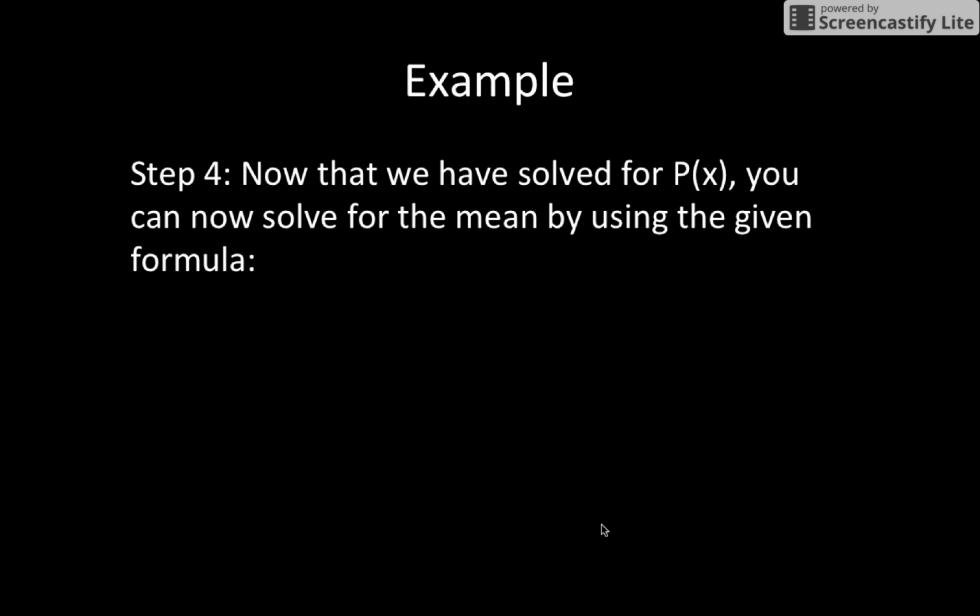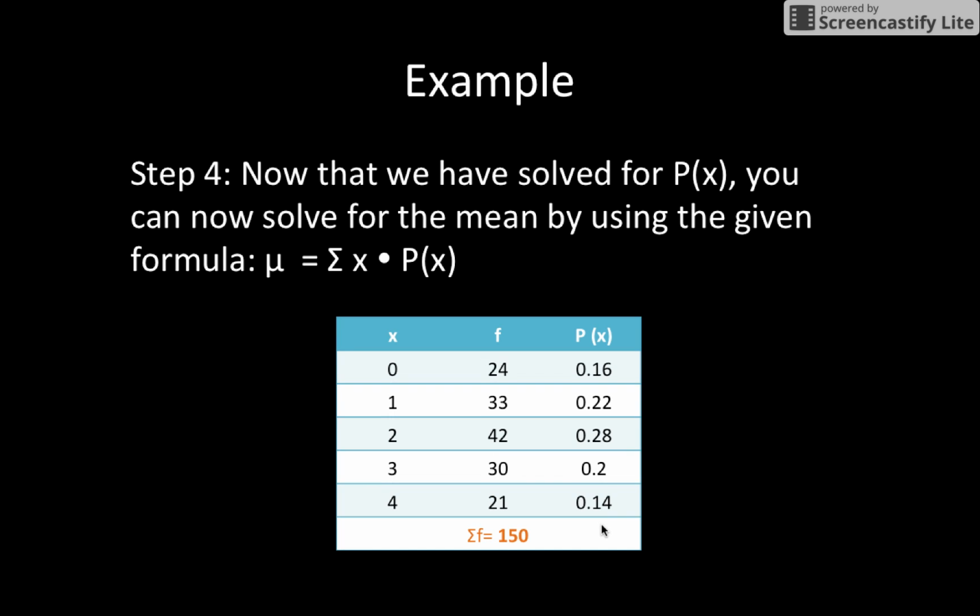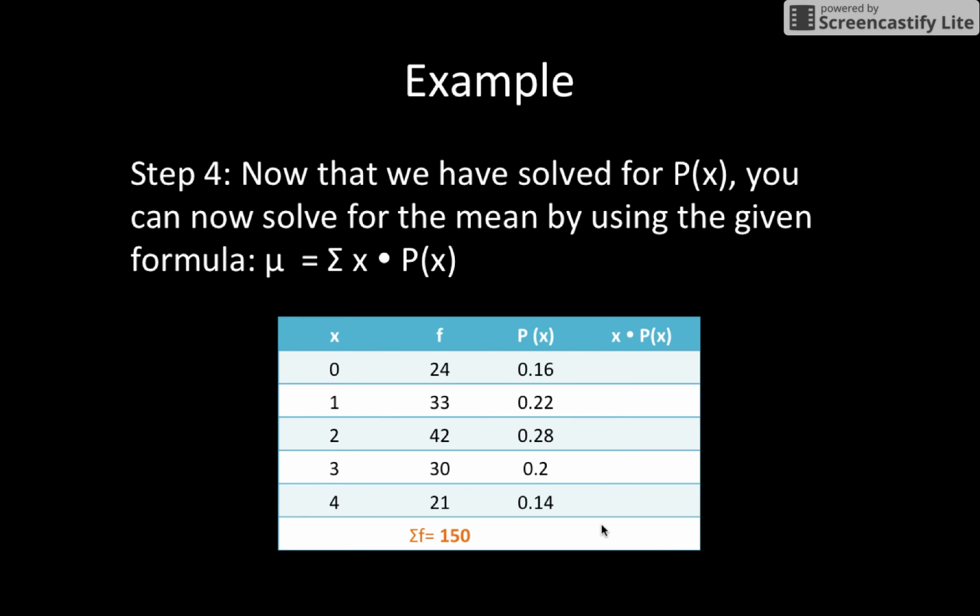So now that you've solved for your probability of x, you can solve for the mean by using the given formula, the sum of x times the probability of x. So now you have your chart again. You want to add your column for x times the probability of x. To do this, you take your x value and multiply it by your probability of x.